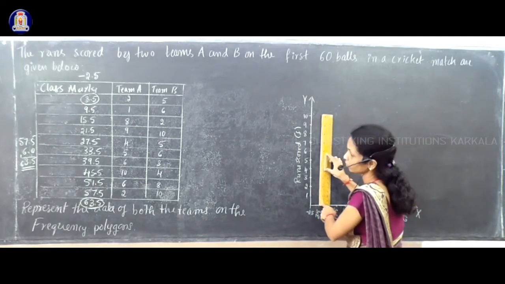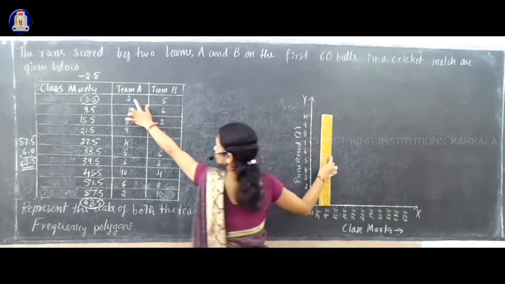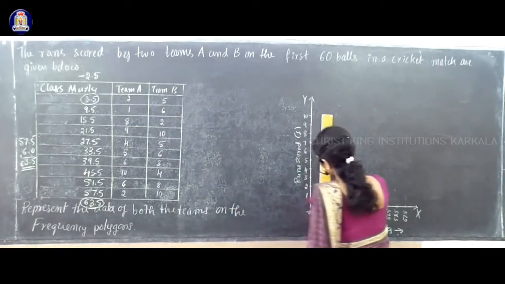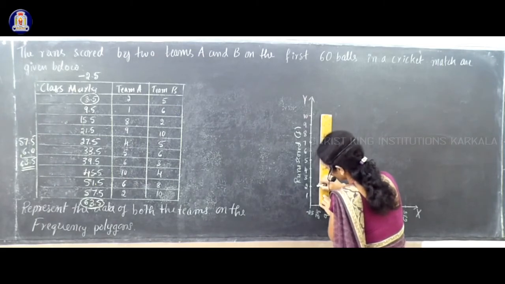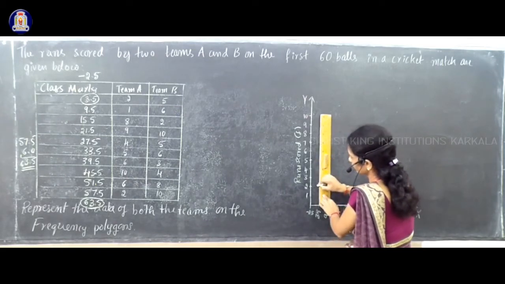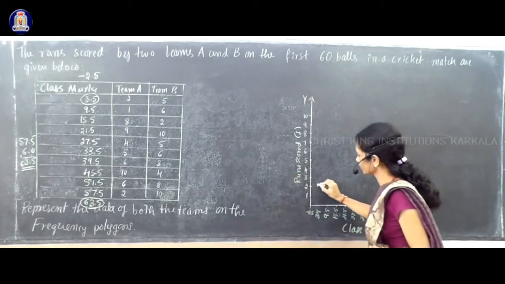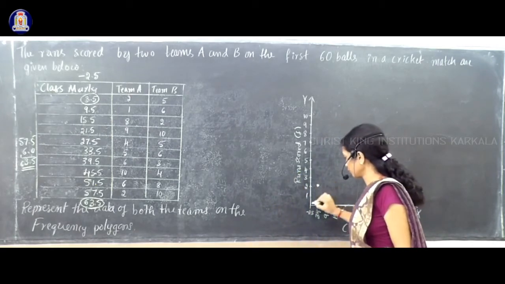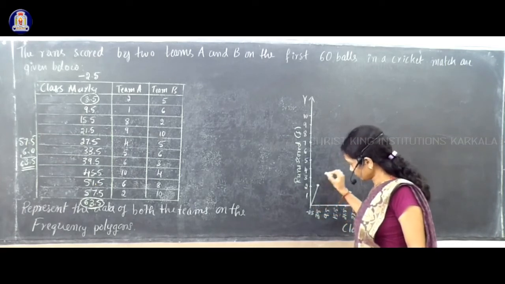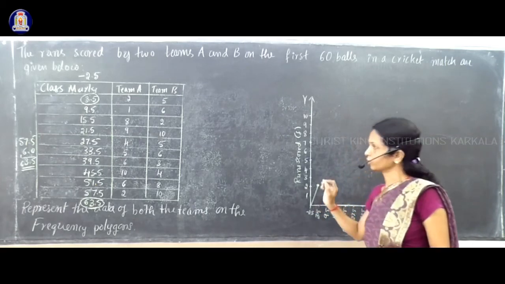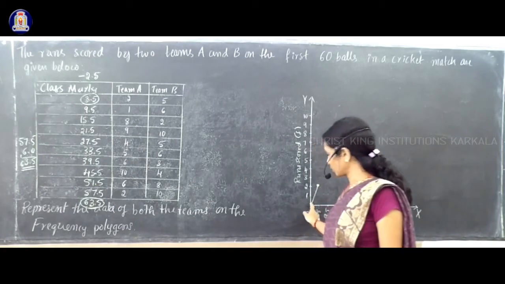On that line you have to move up to 2. So mark a point here at 3.5, move up to 2 and highlight that point. And this point you have to join with the previous point, that is the origin.